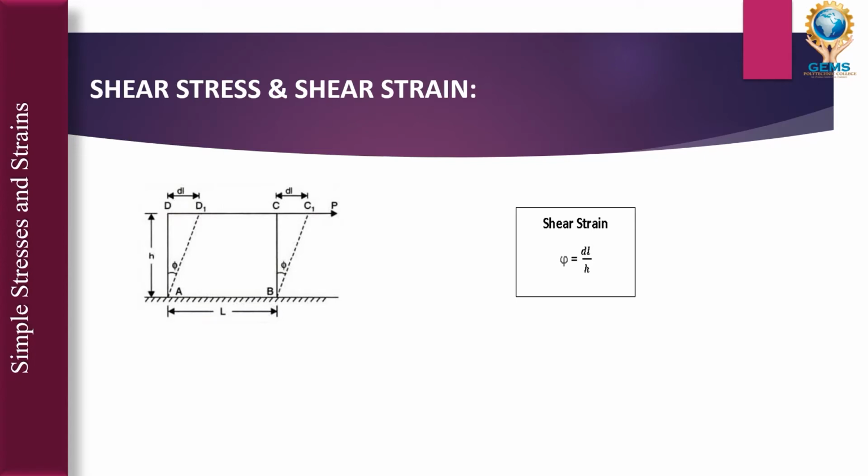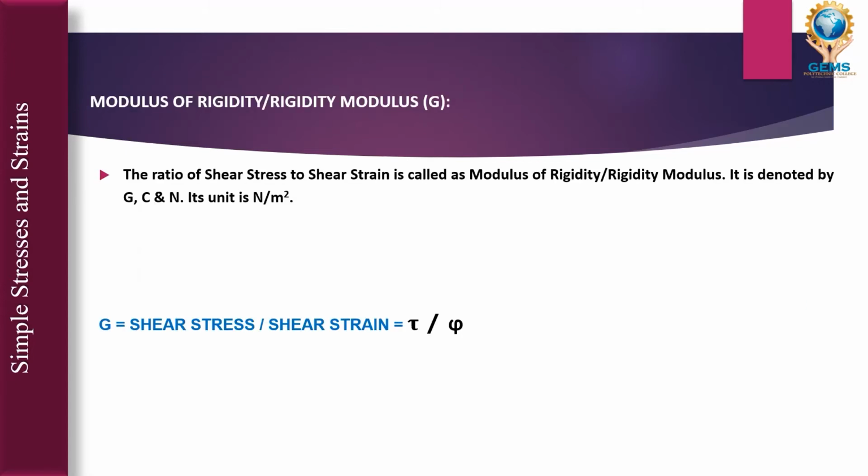Shear strain is denoted by phi. So phi is equal to dl by h. Now we will see modulus of rigidity, which is also known as rigidity modulus and also known as shear modulus, understand?